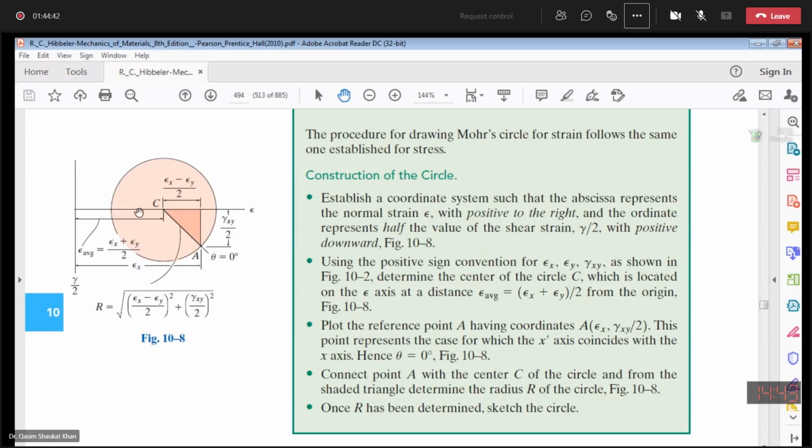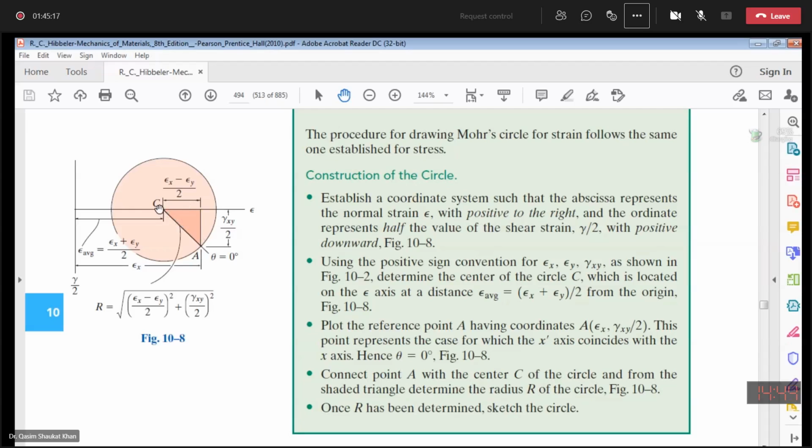One more thing is that you need to determine the orientation of the principal plane. So these are the principal planes. This will be point B, sorry, this will be B, this will be D. So to calculate the orientation of the principal plane, you will move from the reference line CA in the counterclockwise direction, which is positive because we are considering all the parameters as positive in this construction.